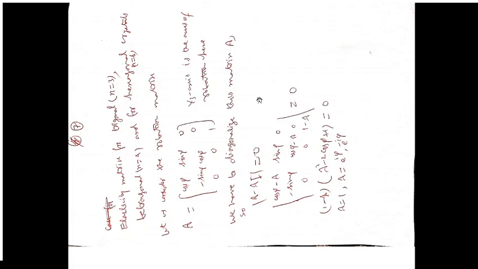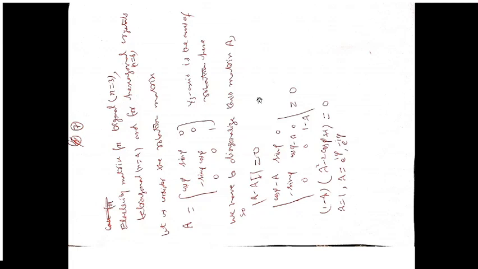Similarly, when you talk about diagonalization, if your matrix A is similar to a diagonal matrix, then we say that A is a diagonalizable matrix. There is also a theorem that a matrix A of order n by n is diagonalizable if and only if A has a set of n linearly independent eigenvectors.